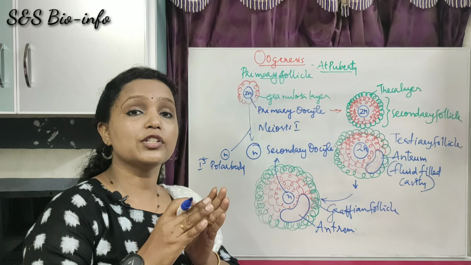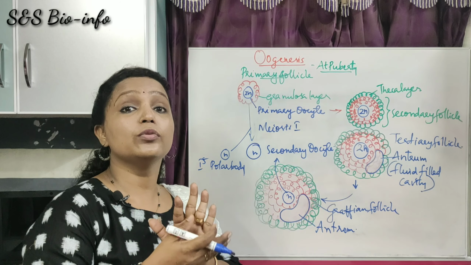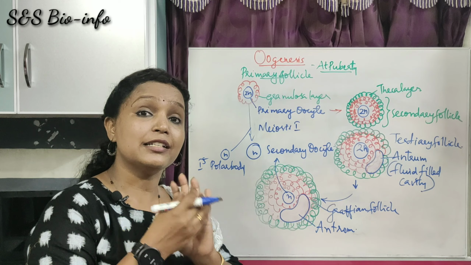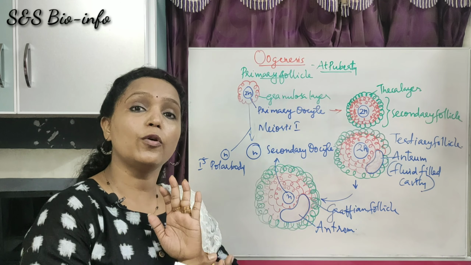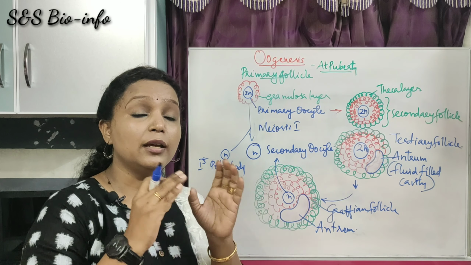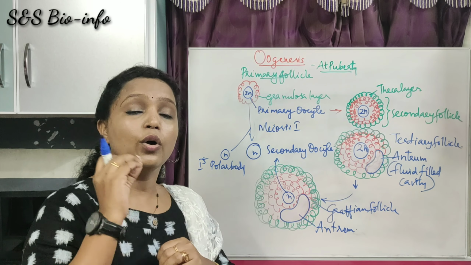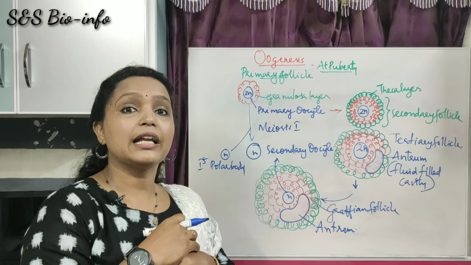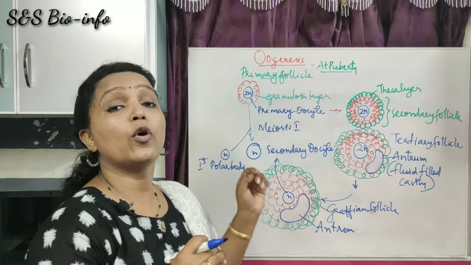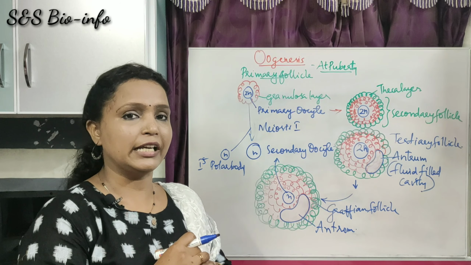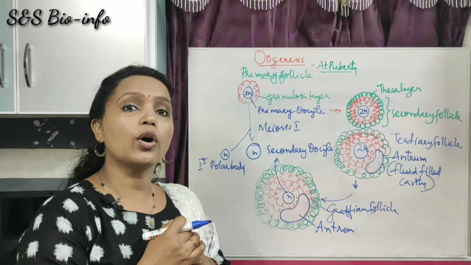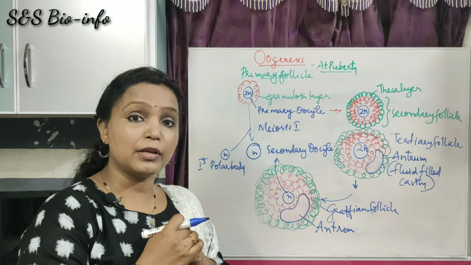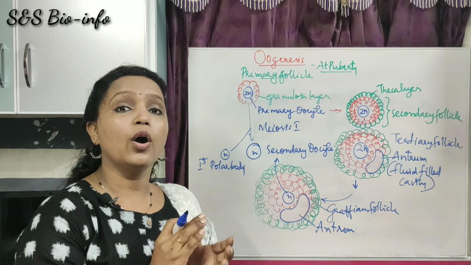When the sperm has reached there, the secondary oocyte completes the second meiotic division and will be transformed into the completely matured functional ootid or ovum. At the time, the second polar body is also released. This is also haploid in nature. The ootid or ovum that is formed at this time is a completely functional ovum.